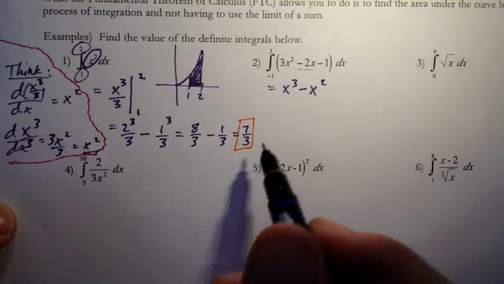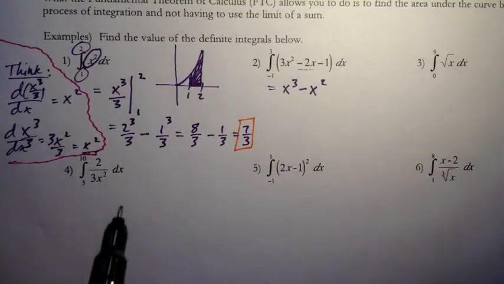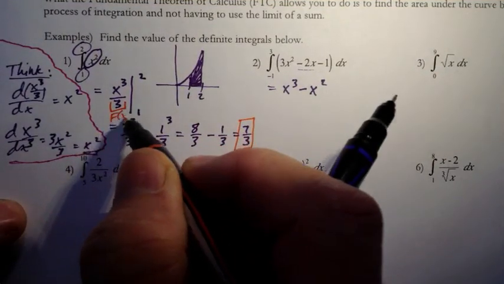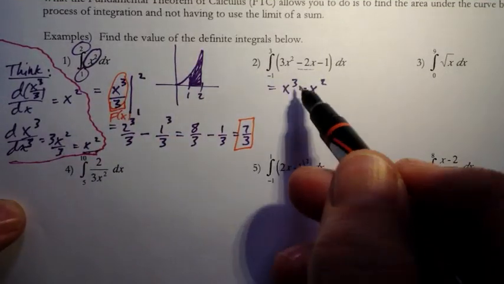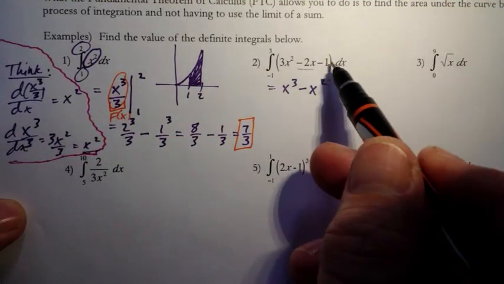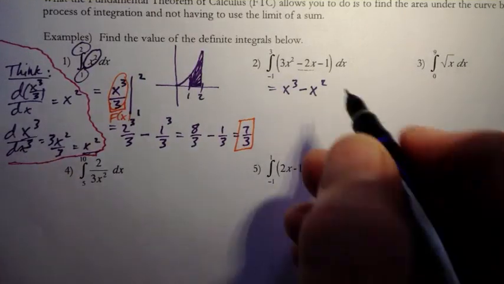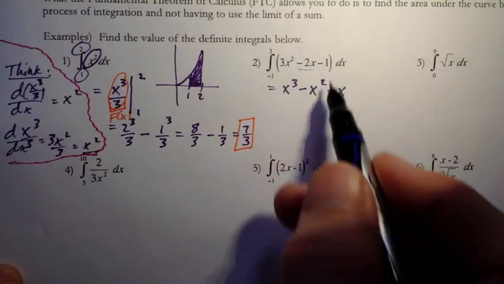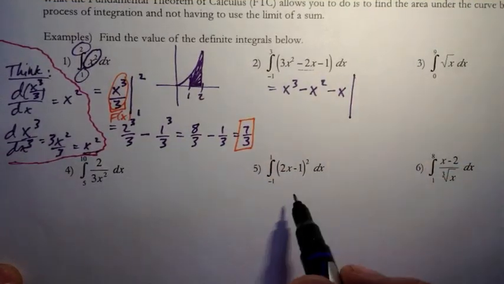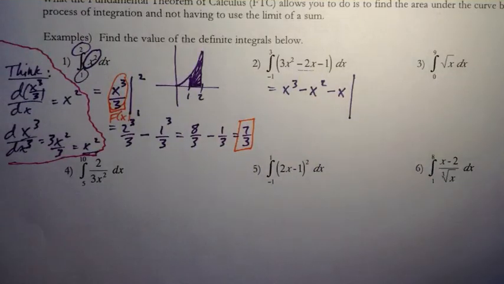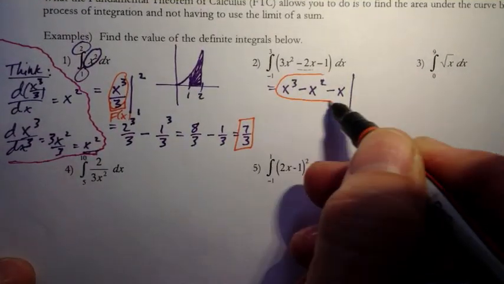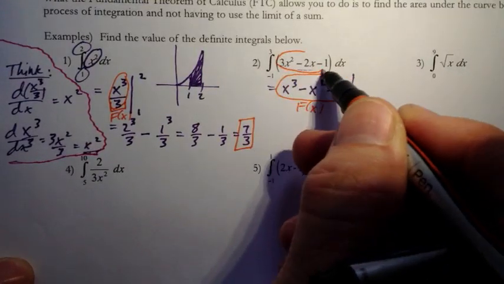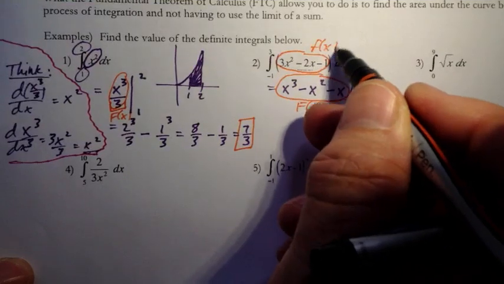So right here is what my capital F of x is. And we need one more term though. The derivative of something is negative 1, and that something is negative x. So the derivative of negative x is negative 1. This is our capital F of x, whereas this right here is our lowercase f of x.